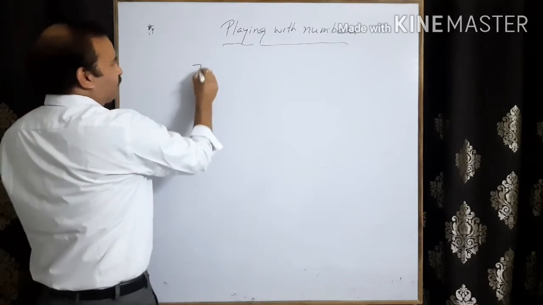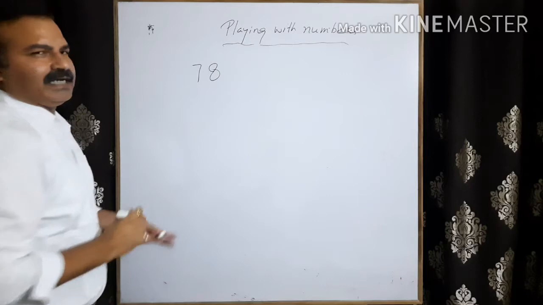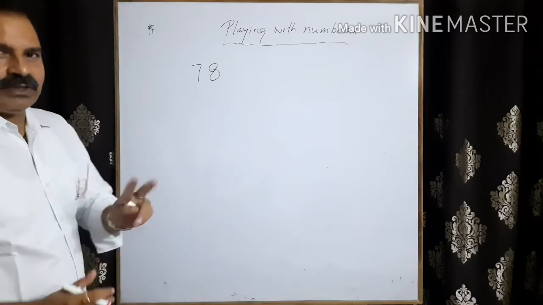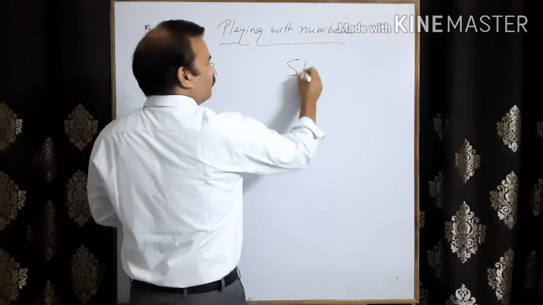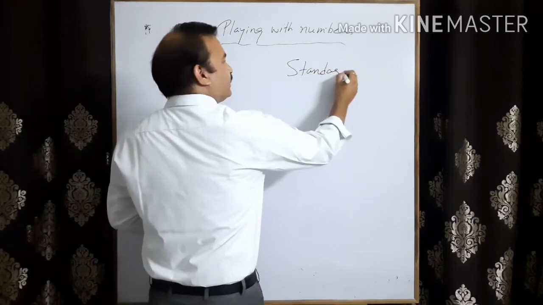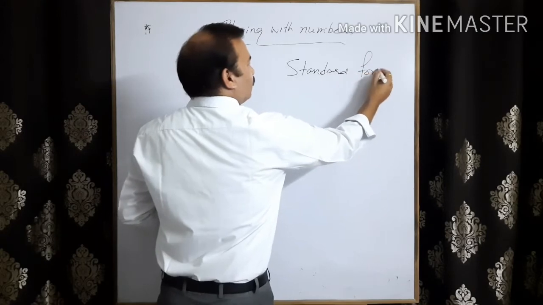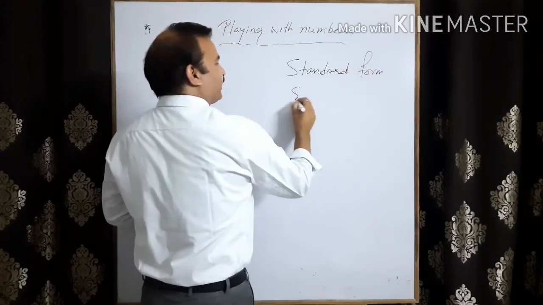We know that a number, suppose let us take a number 78. There are two forms of the number. One is the standard form and another is the expanded form.